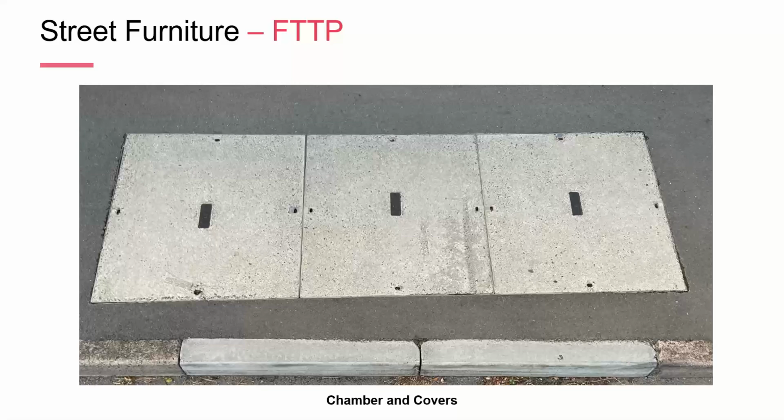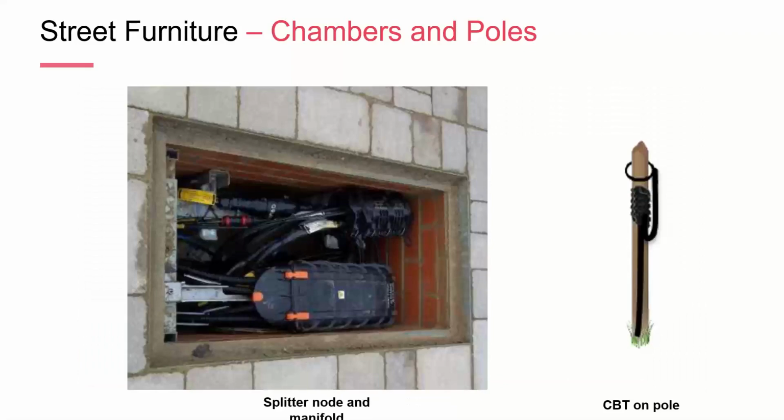But if we look inside them, you can see there's things called a splitter and a node and a manifold that can be inside underneath these chambers, and that's where the GPON is sent to, and then it's spliced off and directed to different properties. And then also you can have them on poles, so there's a connection box terminal there that can be put on a pole if there isn't the understreet. So if there's overhead stuff, it can still use FTTP by deploying the splitters or the manifolds on a pole.